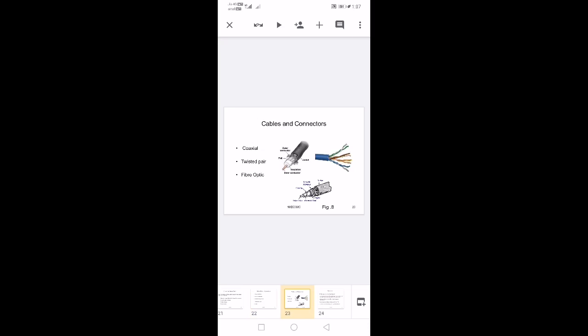In this class we have covered guided media, that is coax cables, twisted pair, and fiber optics, and how they look. These are the twisted pairs, this is the coax cable, and this is the fiber optic cable.